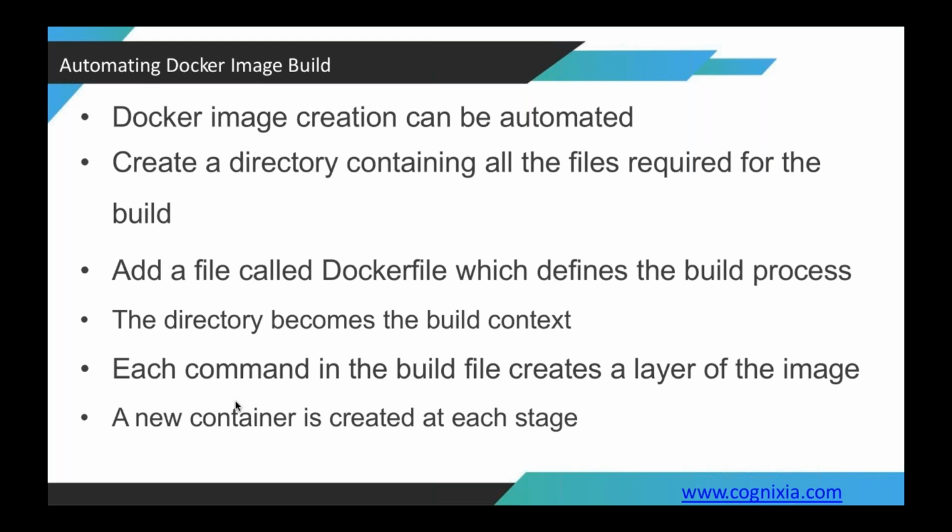So what you can do is create a Dockerfile, and that Dockerfile is going to have all the commands and the sequence in which you want to create the docker containers. It's like a blueprint to create a docker image. How you want to create a docker image, you put inside the Dockerfile and then run the docker build command. It's going to analyze the Dockerfile and create a docker container out of it.